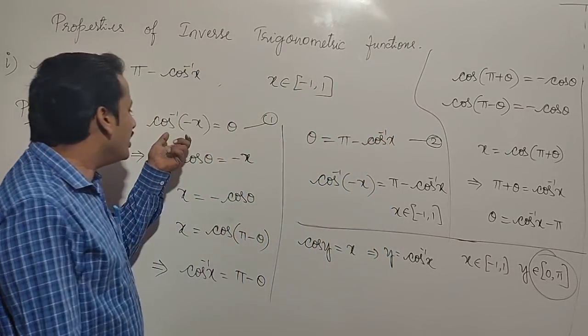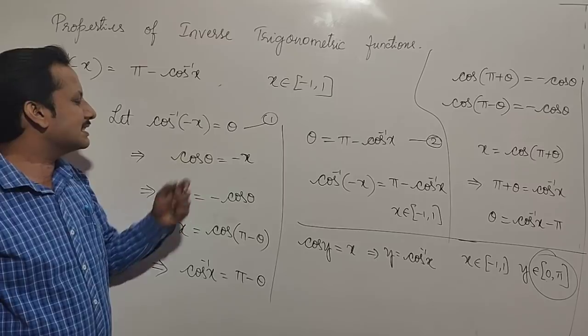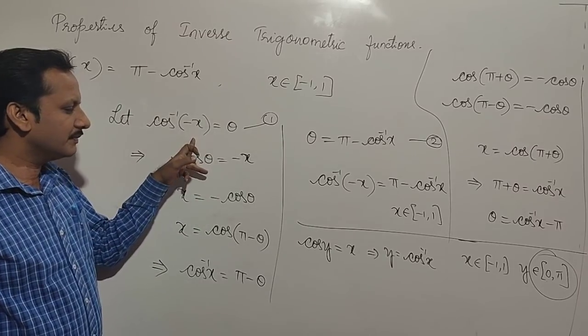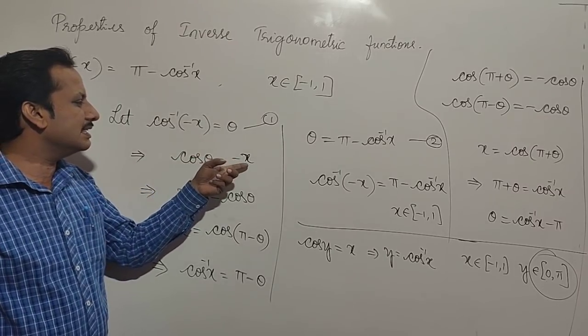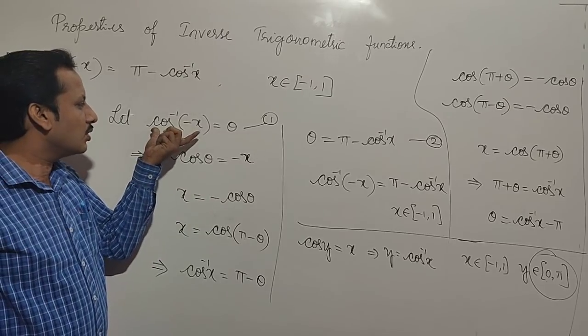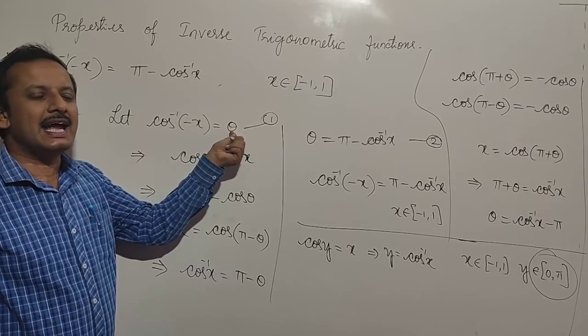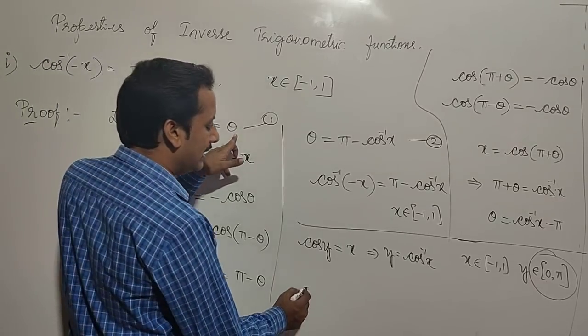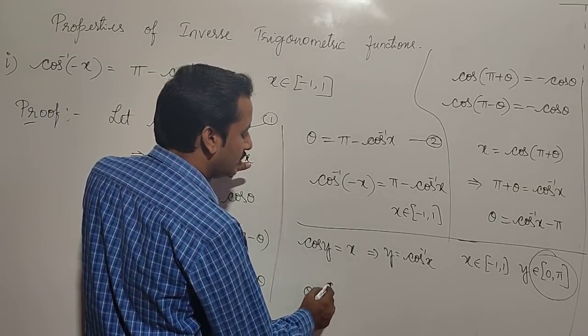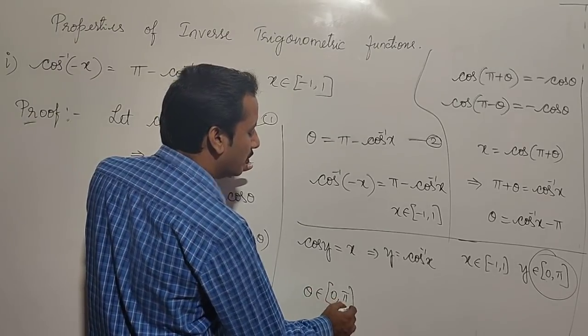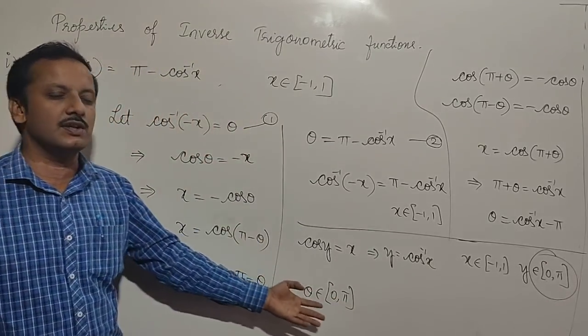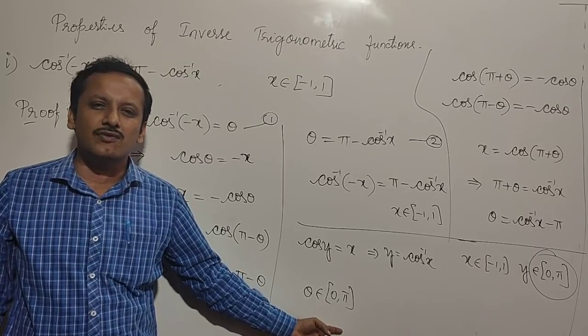So now we wrote cos inverse of minus x is equal to theta. This implies cos theta is equal to minus x. So cos inverse of minus x equal to theta means that theta will lie in this interval. Theta should belong to 0 to pi because that is the range. 0 to pi is the range of cos inverse x.